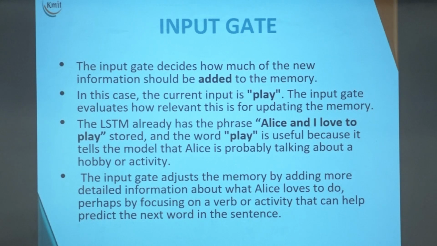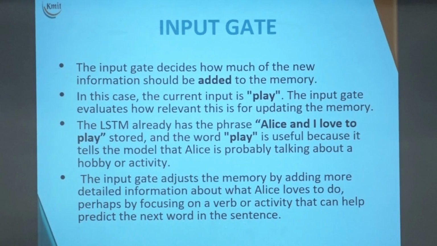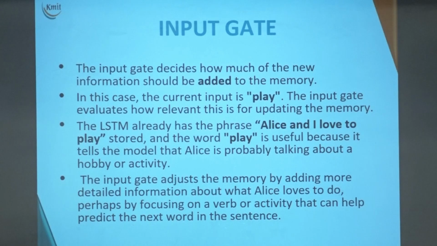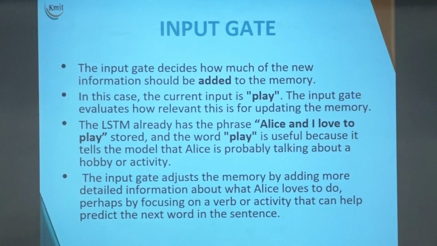The LSTM already has the phrase Alice and I love to, and then Alice is kept in main memory, and I is discarded, love, emotion kept in main memory, to discarded, play kept in main memory. Alice love play. Predict the next word. It could be guitar, it could be cricket, it could be anything. That's how a model works.